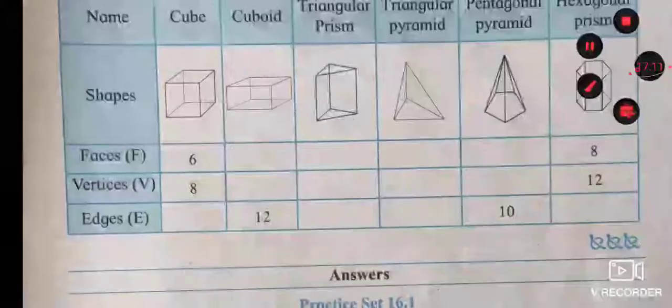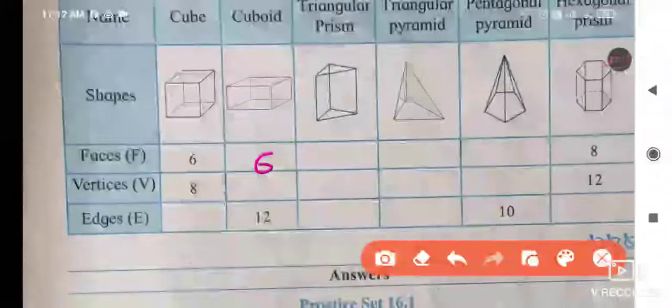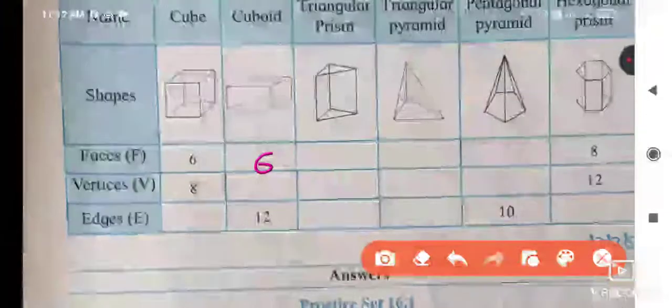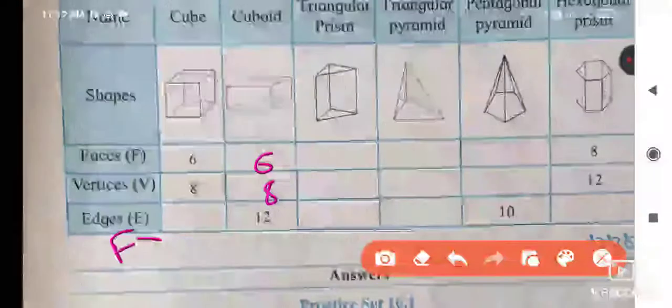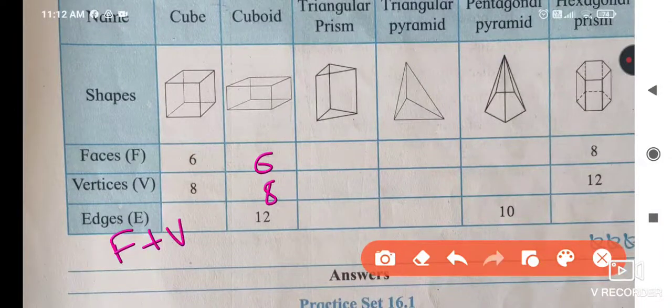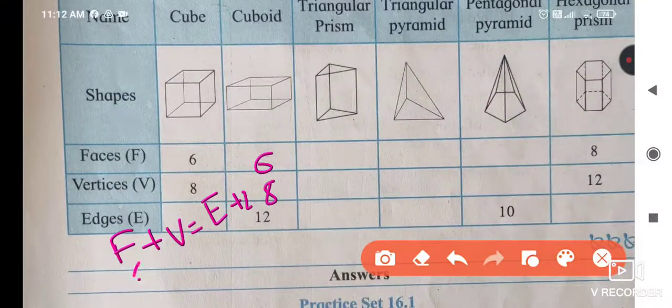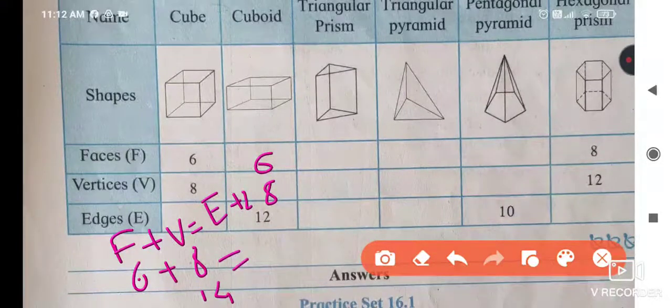We will see one, then you will decide. So here the cuboid also has 6 faces and 8 vertices, and just now we derived that F plus V equals E plus 2. So F plus V is equal to 6 plus 8 is equal to 14. And edges are 12, plus 2 is equal to 14.